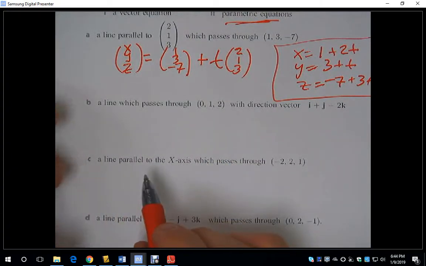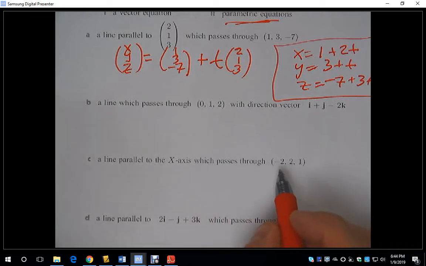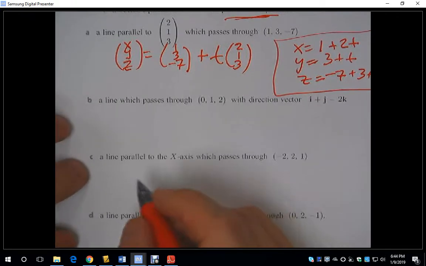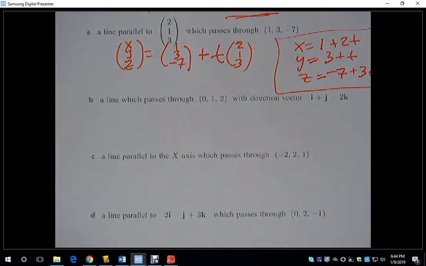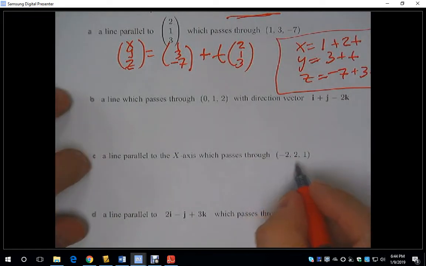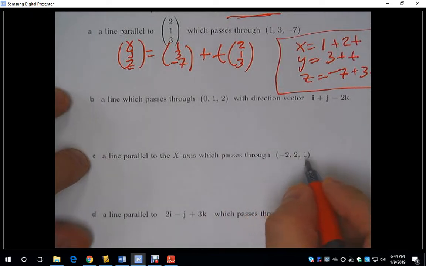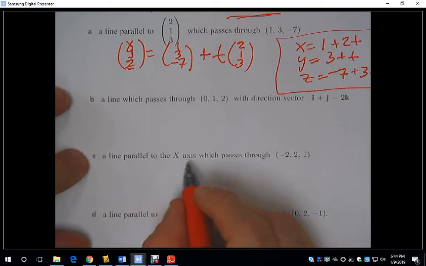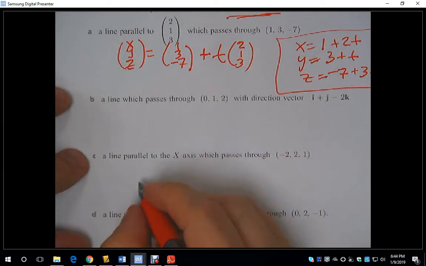It says a line parallel to the x-axis, which passes through (-2, 2, 1). All right, so we're parallel to the x-axis and we're going through this point here at (-2, 2, 1).